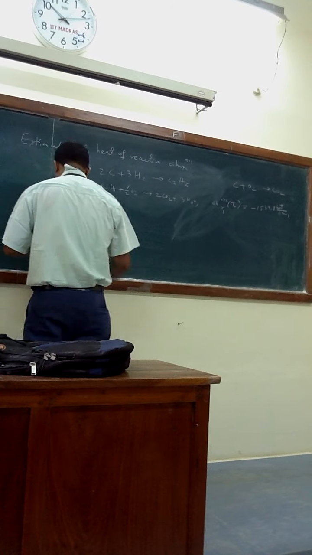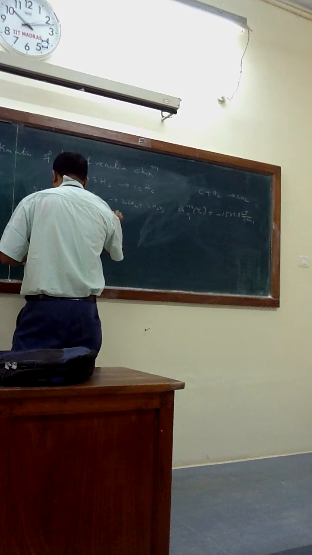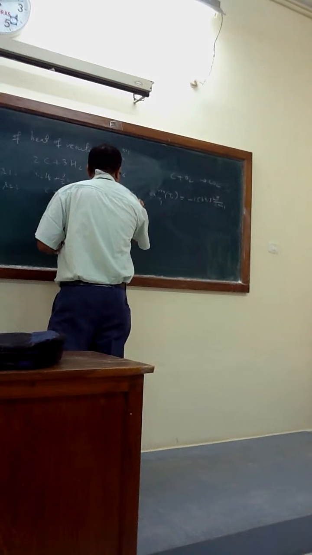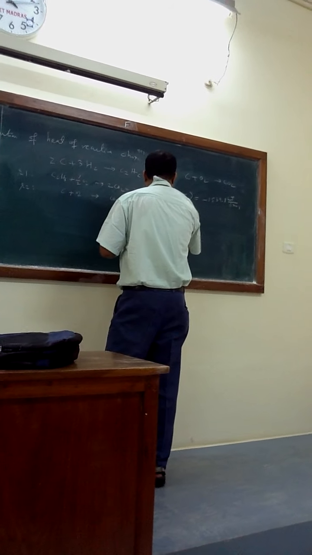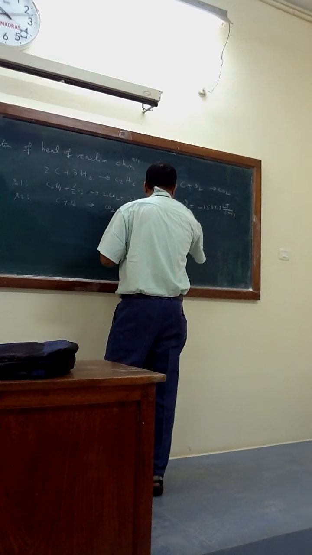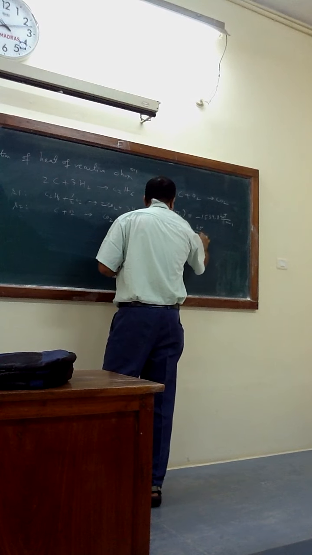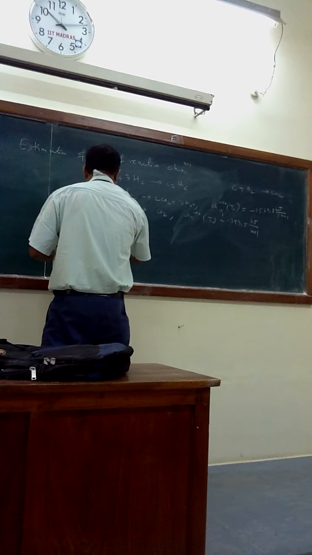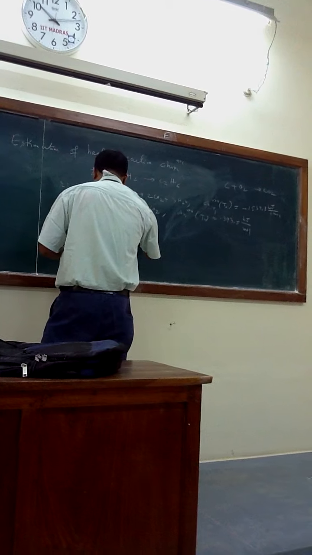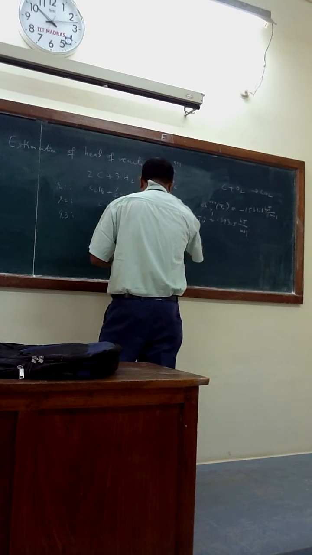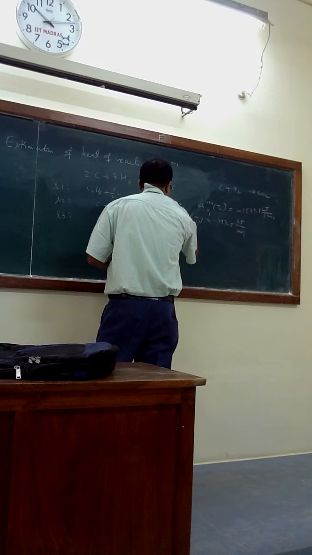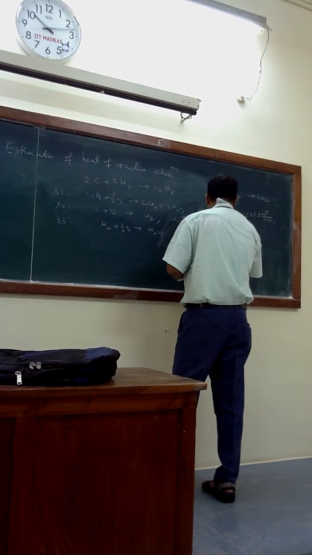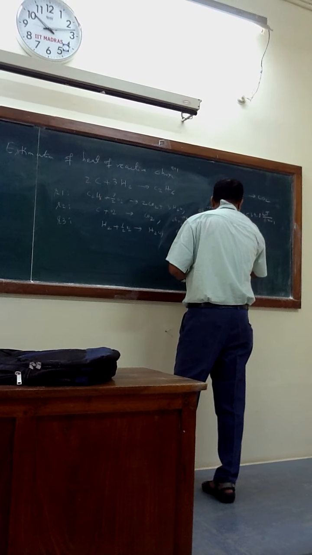Reaction 2: C plus O2 giving CO2, delta H reaction at T0 for R2 is minus 319.5 kilojoule per mole. Reaction 3: H2 plus half O2 giving H2O, delta H reaction at T0 for R3 is given as minus 285.8 kilojoule per mole.